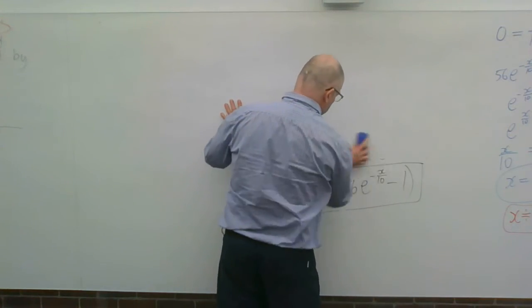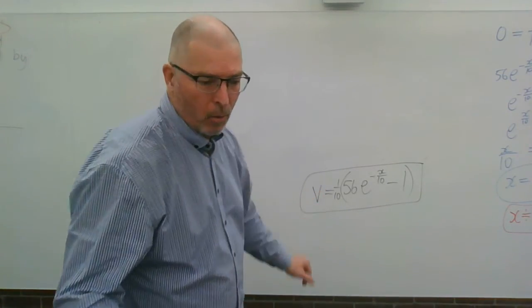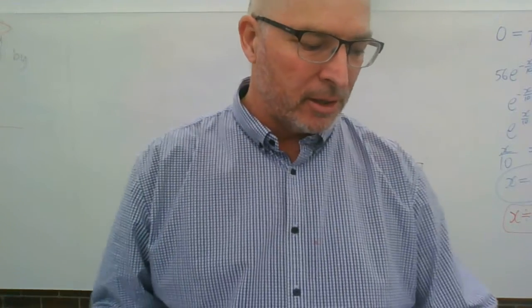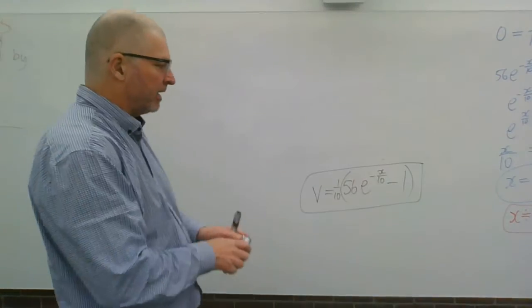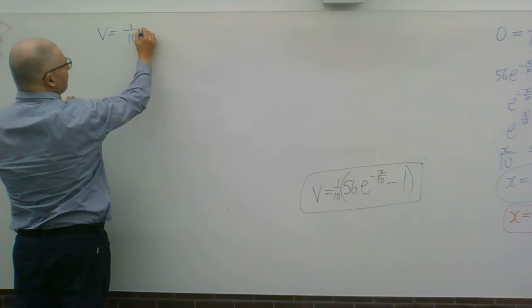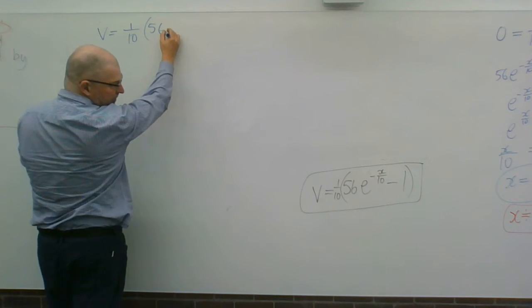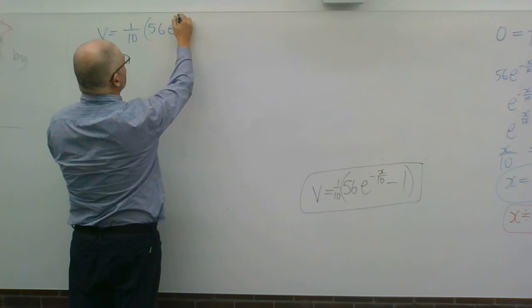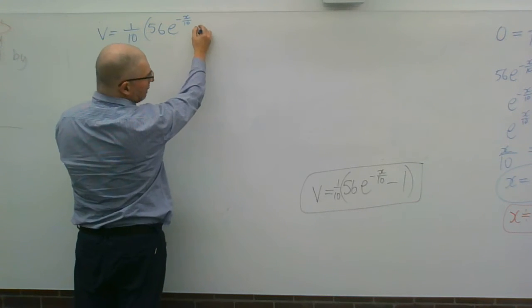So I want to start off with this equation, and I want to get an equation in terms of x and t. So v is equal to 1/10 (56 e to the minus x on 10 minus 1).